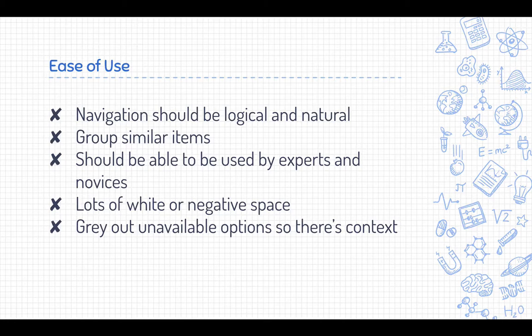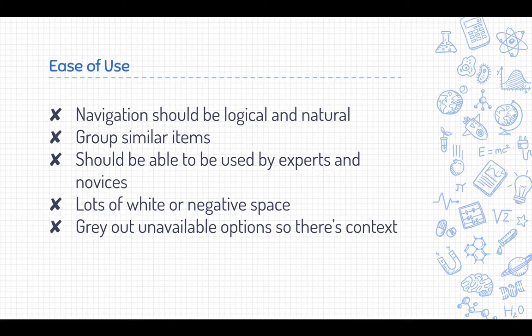Great part of ease of use is a lot of white or negative space. Your brain processes white or negative space in a different way, and if you don't provide your users with white or negative space, that's the big one that you guys will start to go, oh, the UI doesn't look clean. And part of your first initial response is how your brain likes that white or negative space.